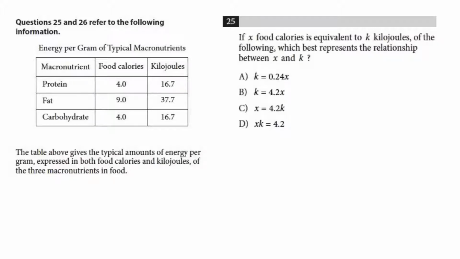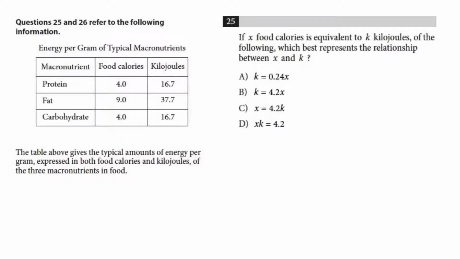All right, 25 and 26. Energy per gram of typical macronutrients. Okay, the table above gives the typical amount of energy per gram expressed in both food calories and kilojoules of the three macronutrients in food: protein, fat, and carbohydrate. 25.